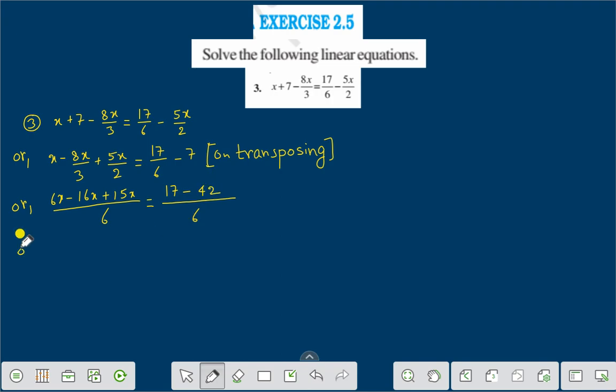or we are getting 15 plus 6 is 21x minus 16x by 6 is equal to 17 minus 42.